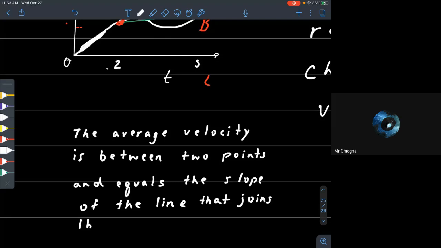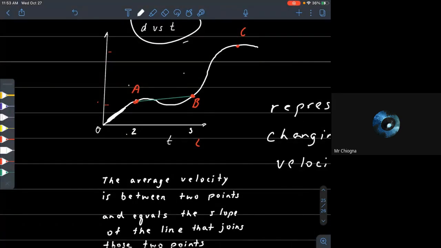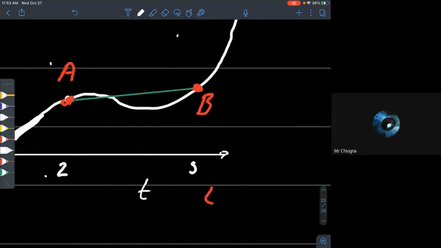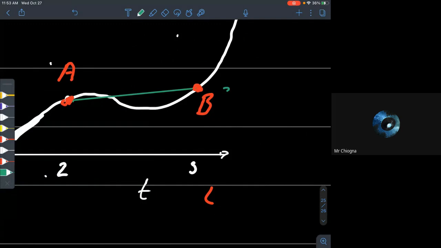And which you already know how to do. Once you draw a line between points A and B, you know how to calculate the slope. We've done that. You'd find the rise, I'll enlarge this, and divide that by the run.